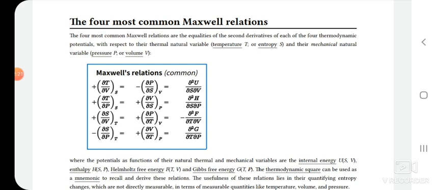By using these four variables, we are going to find out some Maxwell's relations.